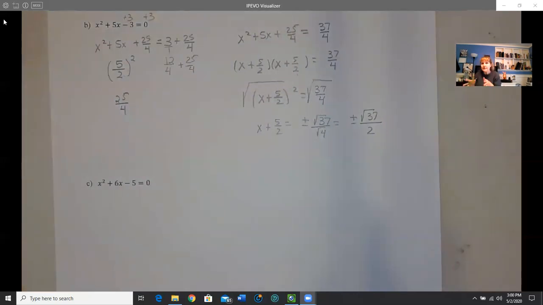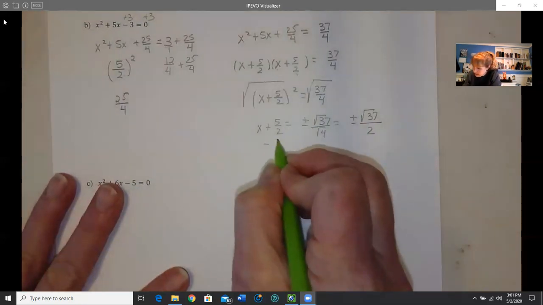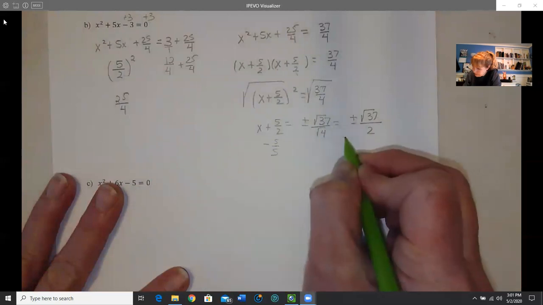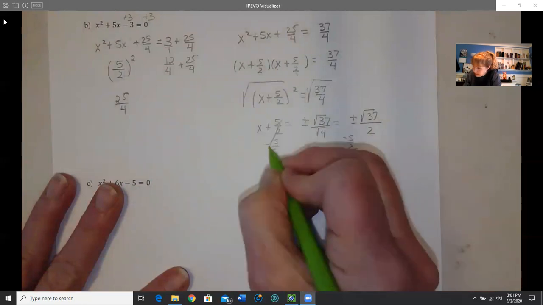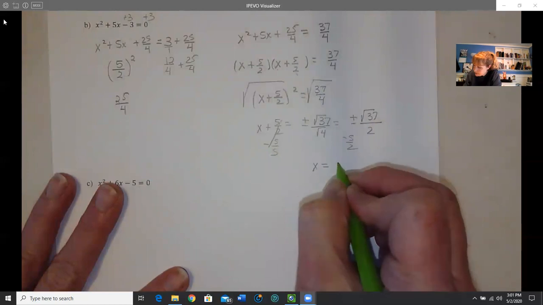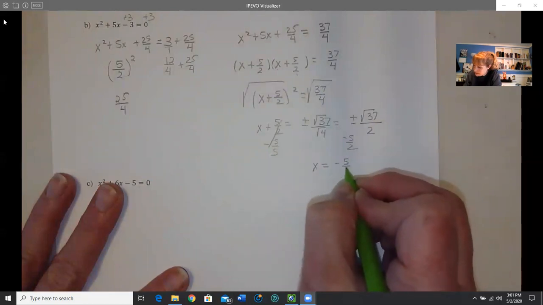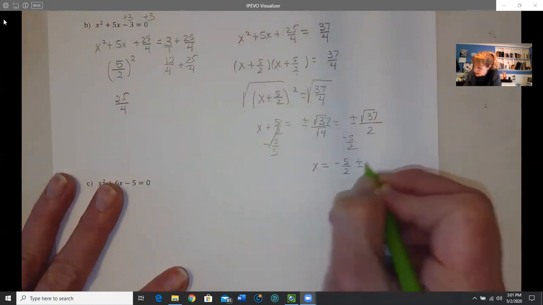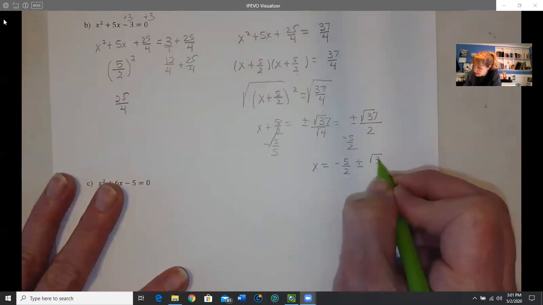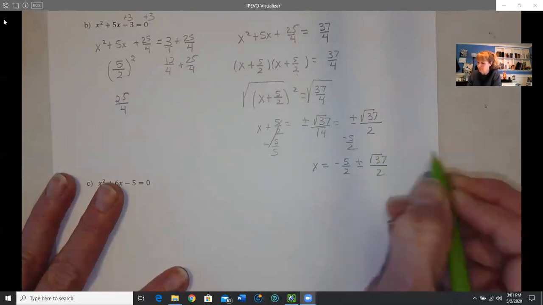So I did simplify that right-hand side. Now I will subtract 5/2. So x then is equal to negative 5/2 plus or minus the square root of 37 over 2.